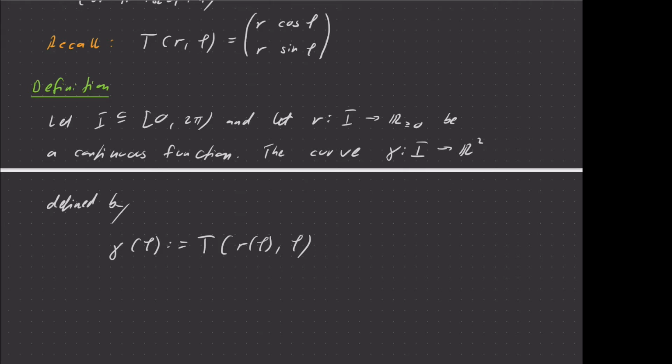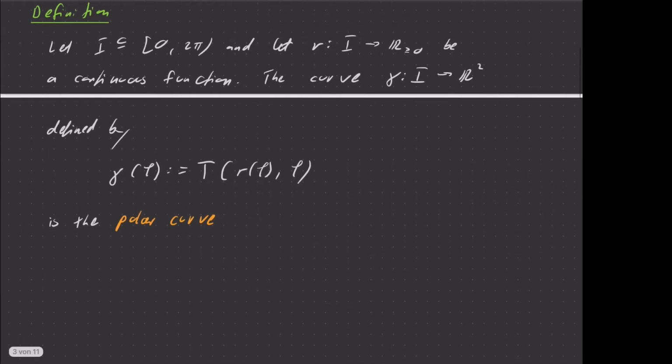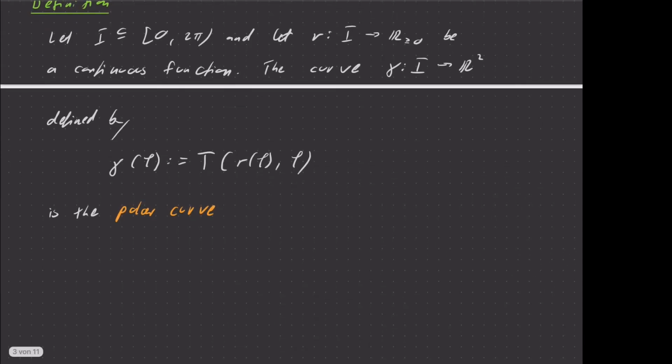So we use phi as the angle and r of phi as the radius. And this is the polar curve associated to that function here. And again, T is the transformation from polar to Cartesian coordinates.